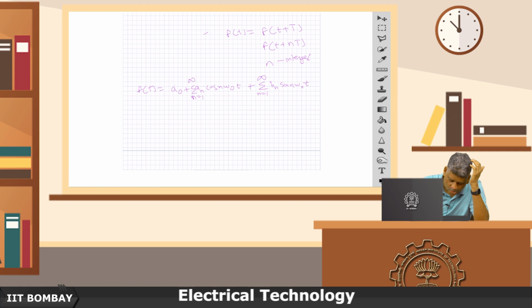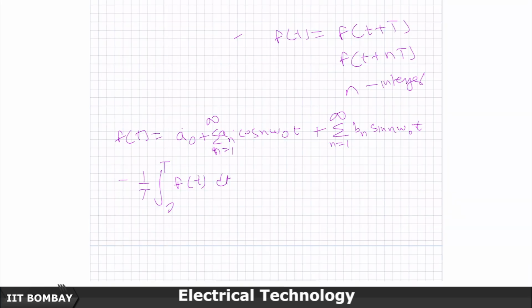So, the A0 says that you can write it as a DC value, which is the average value, and then the second term, if I expand this further, I will get first A1 cos of omega naught t.